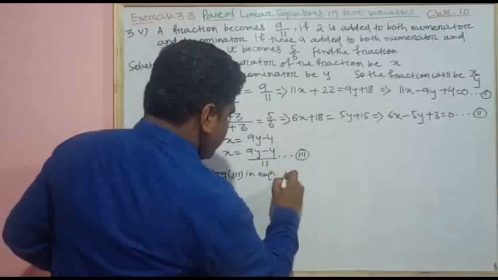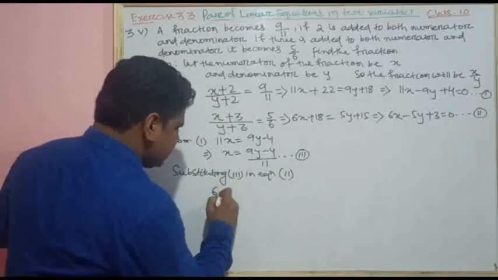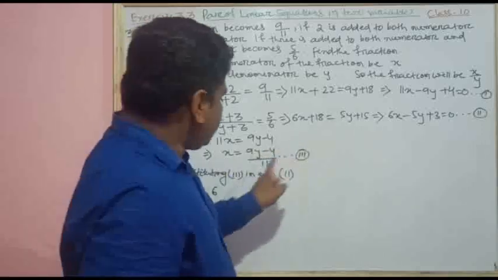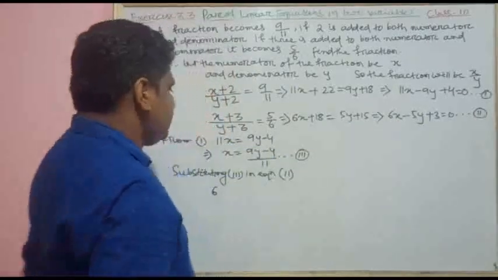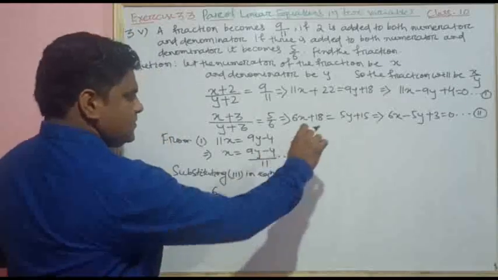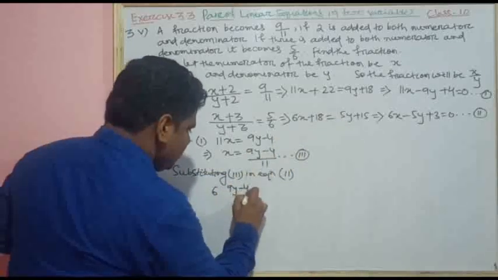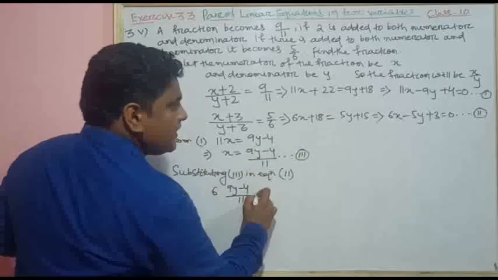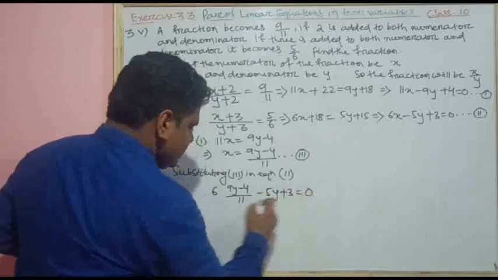equation 2. In equation 2, we have to put the value of x in place of x, that is 6 into (9y minus 4) divided by 11, minus 5y plus 3 is equal to 0.